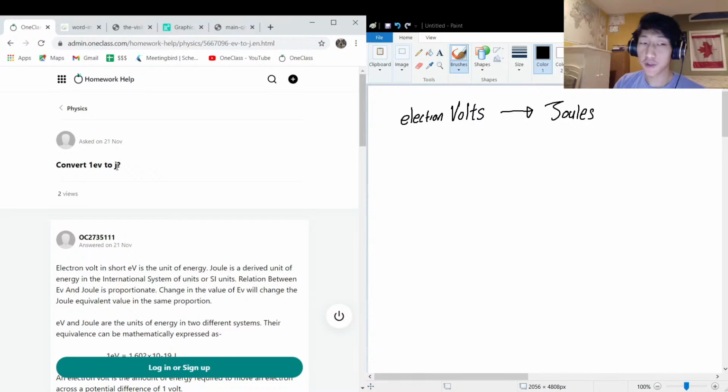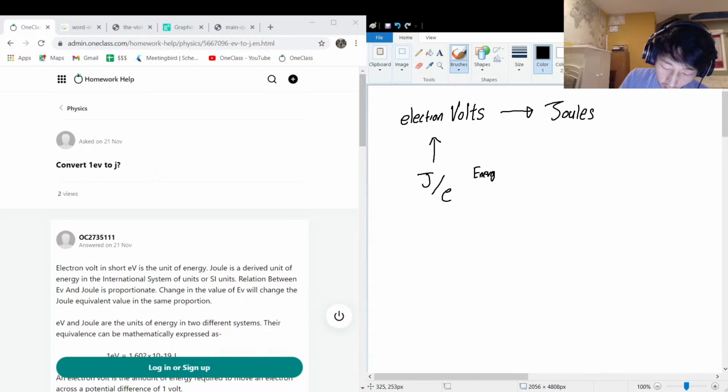Okay, so first, before we do that conversion, let's think about what a volt is. The units for volt is joules per coulomb, meaning it is energy per charge. And we're just trying to get this into joules, which is just energy.